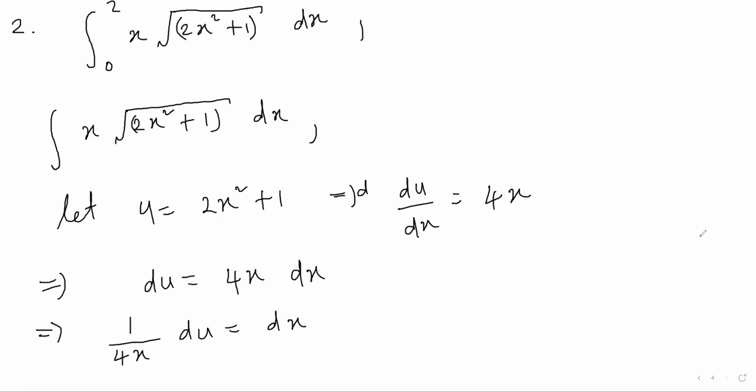We now write the integral again, and then we substitute. Therefore, the indefinite integral of the function x multiplied by the square root of 2x squared plus 1 is equal to the integral, where now we substitute the u.